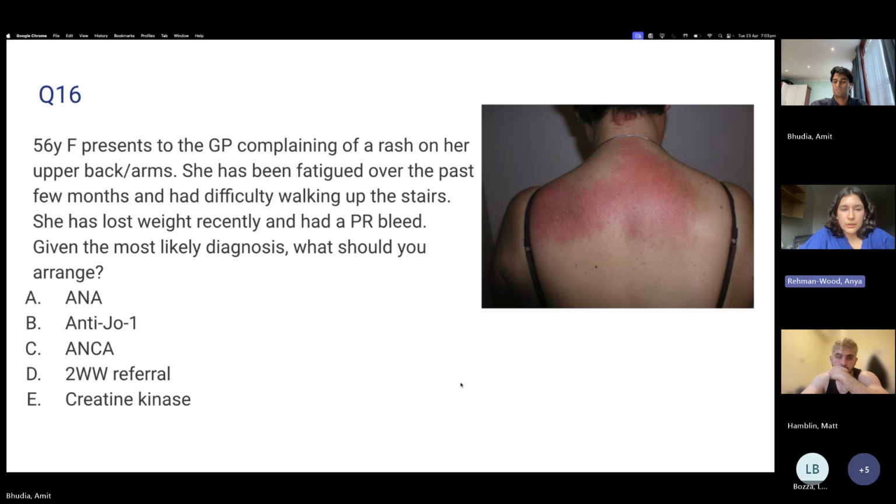Okay, next one. So a 56-year-old female presents to the GP complaining of a rash on her upper back and arms. She has been fatigued over the past few months and had difficulty walking up the stairs. She's lost some weight recently and had a PR bleed. Given the most likely diagnosis, what should you arrange?